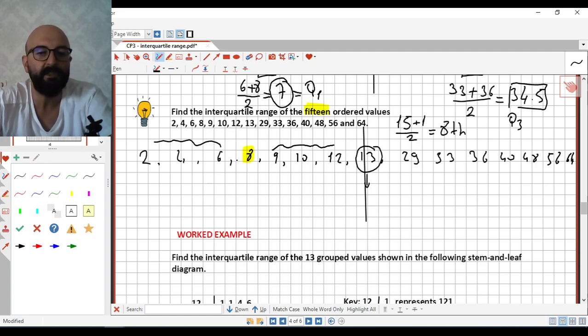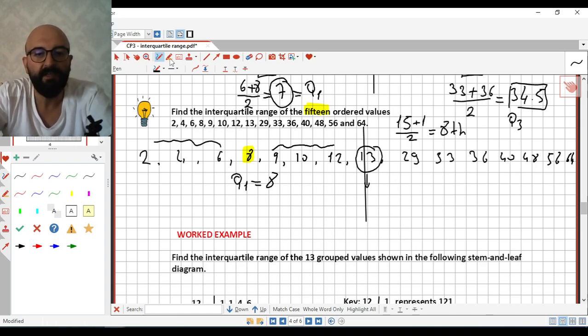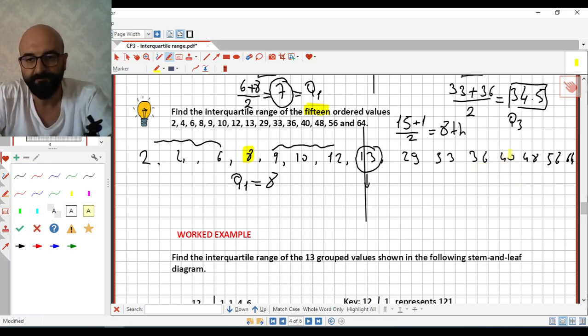So 8 is the middle of this part, so it is the lower quartile, or Q1. And for the second part, we have 7 values, and the middle of the 7 values is the fourth value: 1, 2, 3, 4.